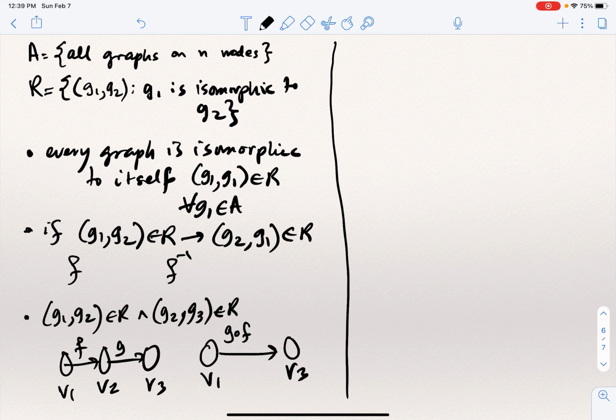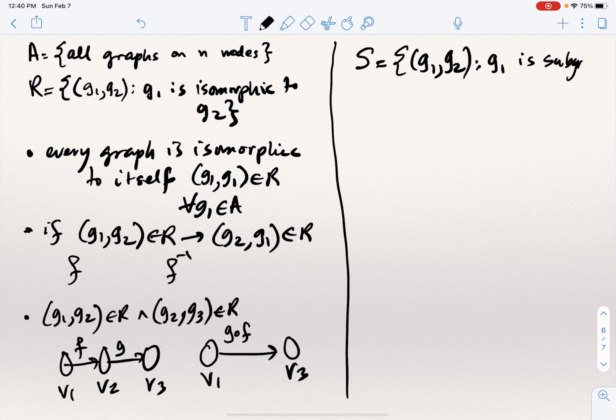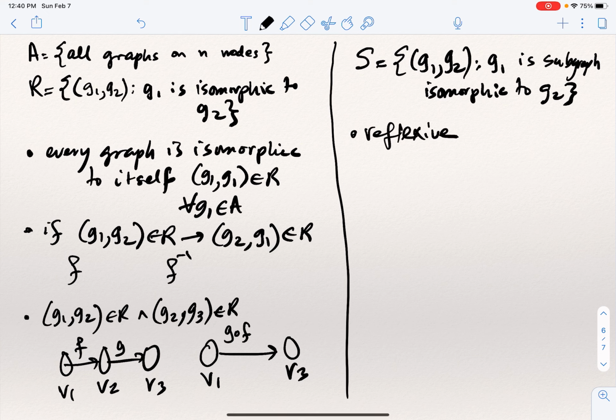If I look at relation S as (G1, G2) where G1 is not isomorphic but is subgraph isomorphic to G2, we ask, is this relation reflexive? Is every graph subgraph isomorphic to itself?